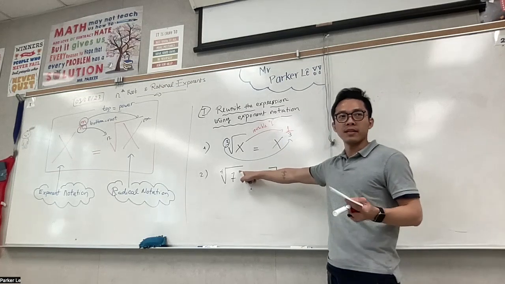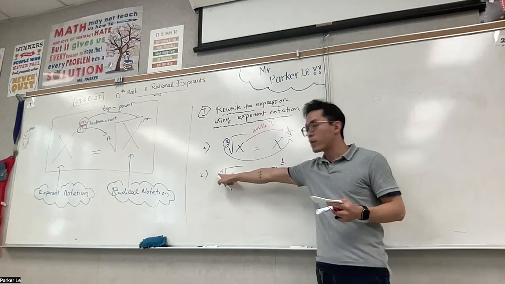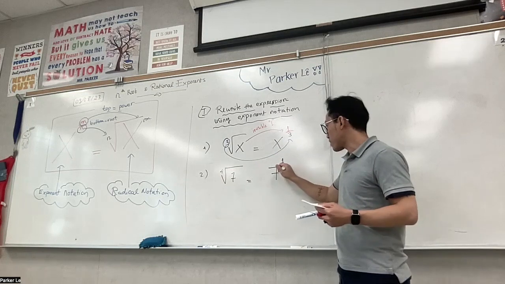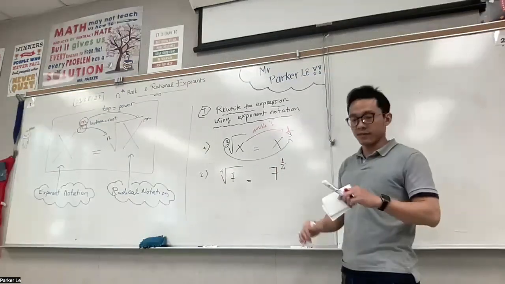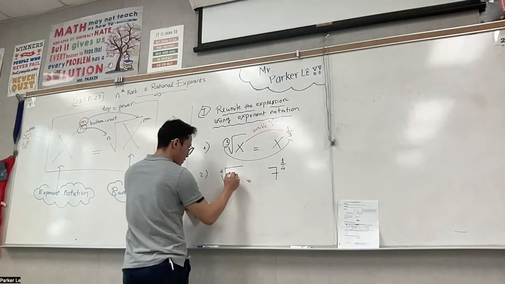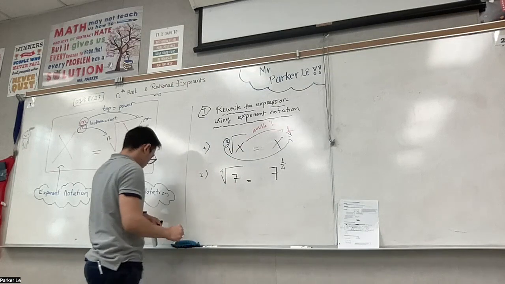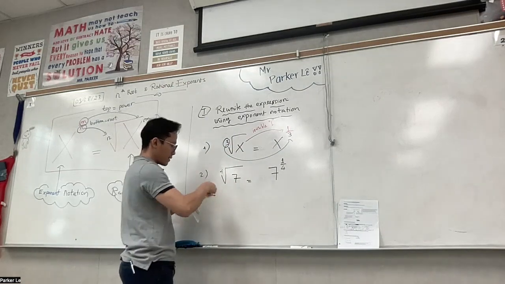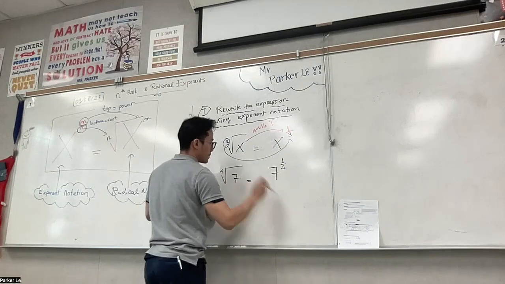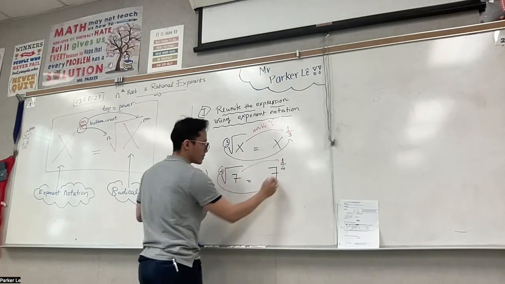There's no power, that means an invisible 1. So there's 1, and then the root power is 4, so the bottom is 4. 7 to the 1/4. Very good. This is my 7. Invisible 1, and then 4 is the bottom. Good.